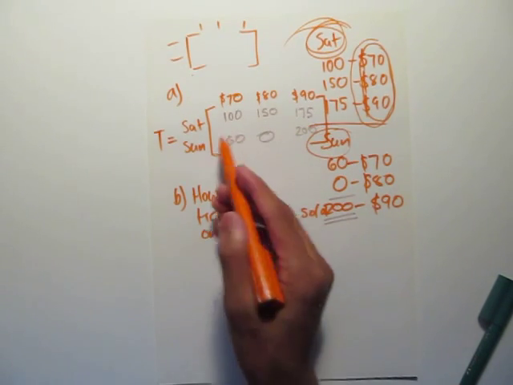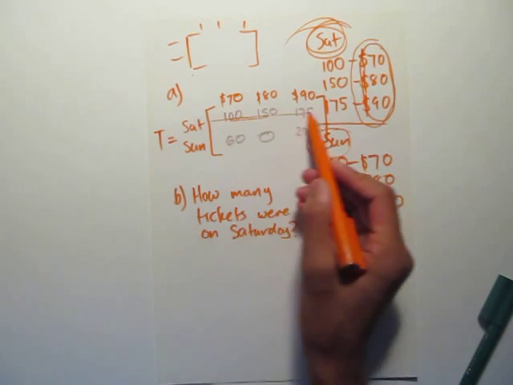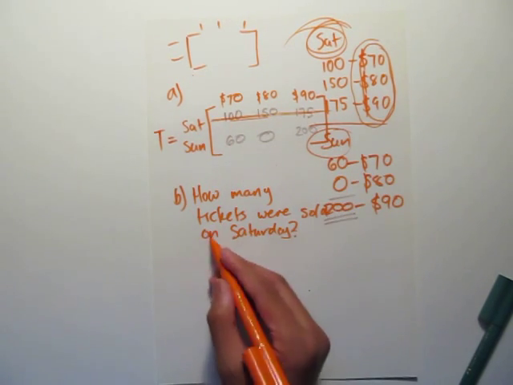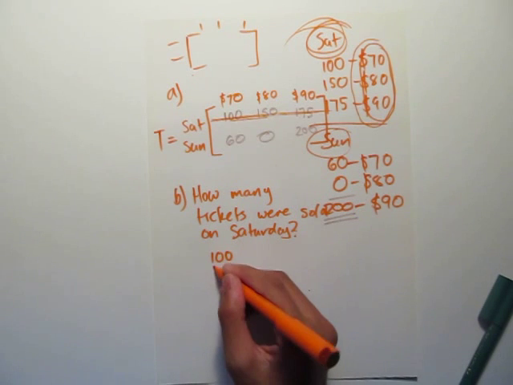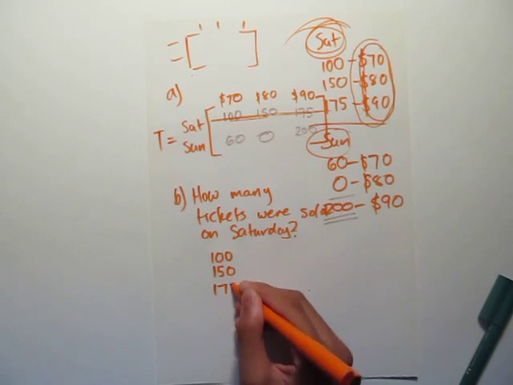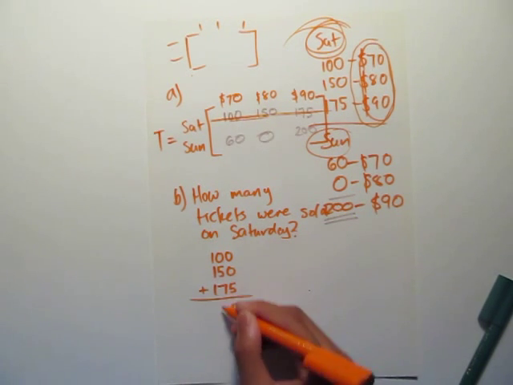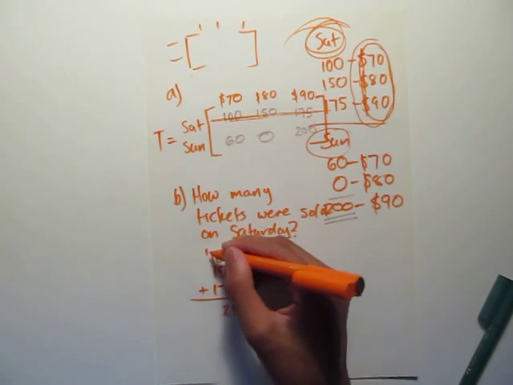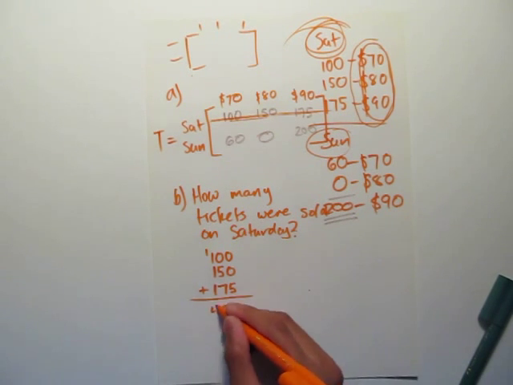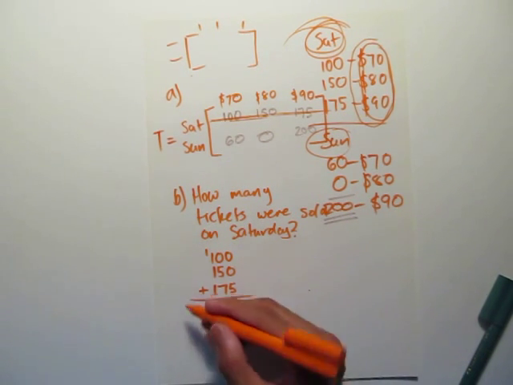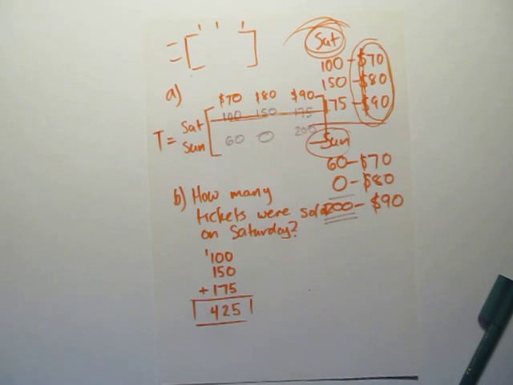Okay, so we know this row is the Saturday row, so we just have to add all of these up. So that would be 100, 150, 175 plus, 425 tickets were sold on Saturday.